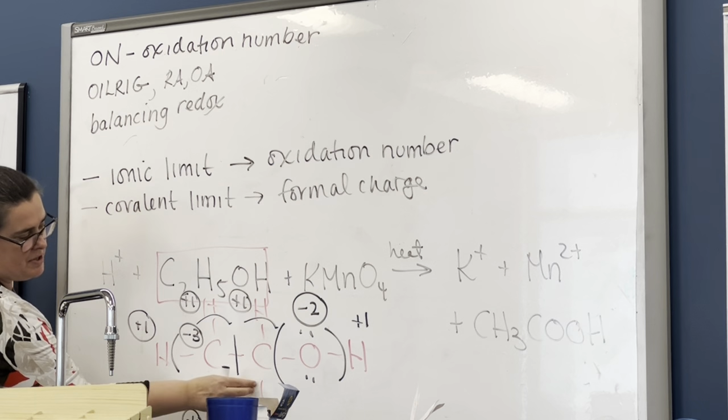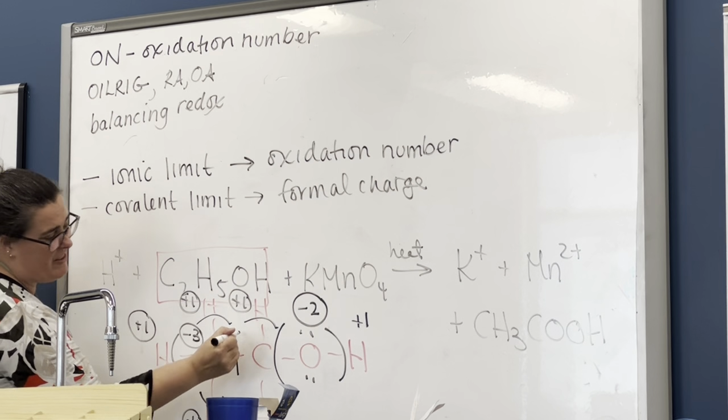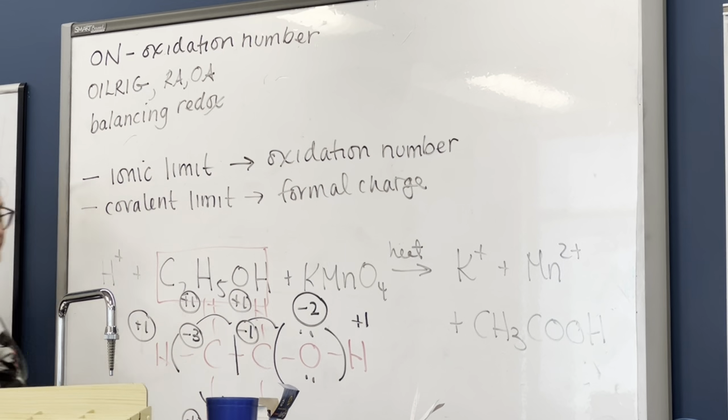This carbon has 2, 4, 5. Oh, the carbons are different. Crazy. 1, 2, 3, 4, 5, 6. Yay! What is the average oxidation number of carbon in ethanol?